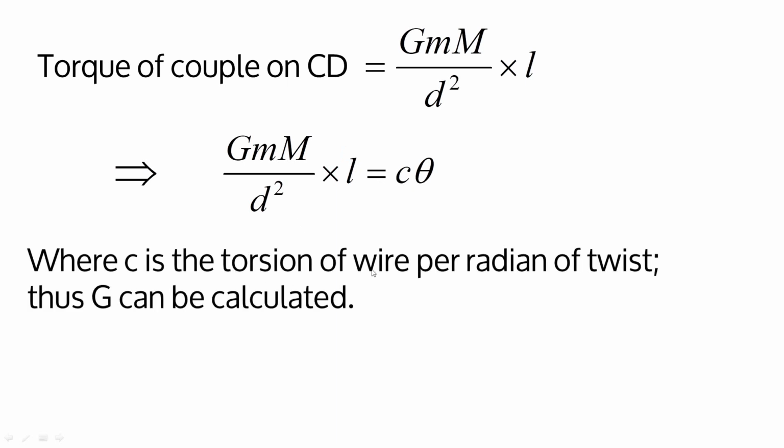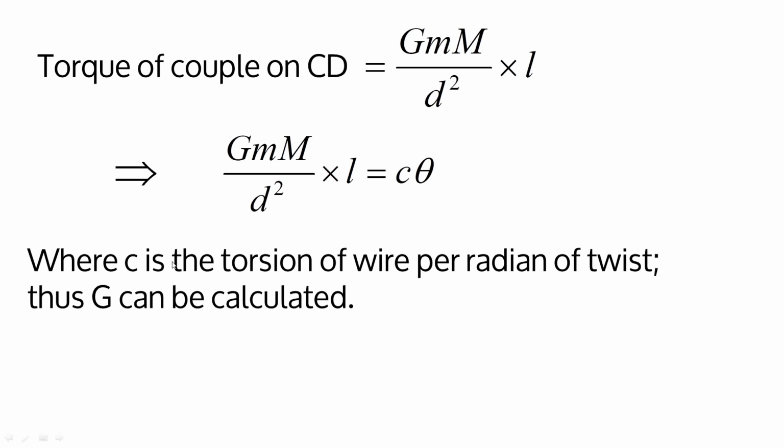C is what we call the torsion of the quartz wire per radian of twist. It's a constant, times theta. This value C theta is also the restoring torque as you twist that quartz wire. When it twists, that's the restoring torque, which is C theta, so it should be equal to the torque on CD at equilibrium.